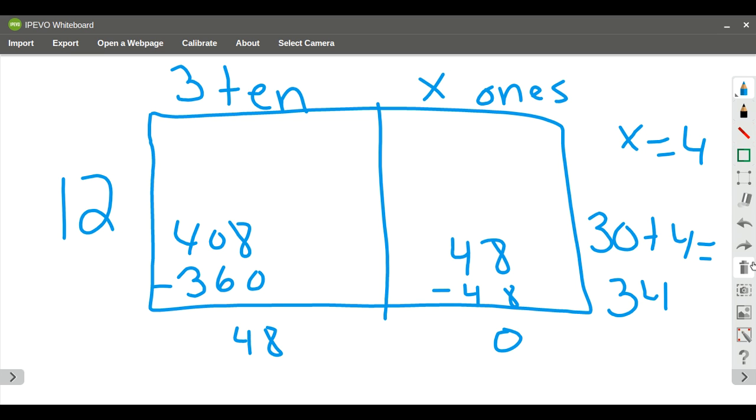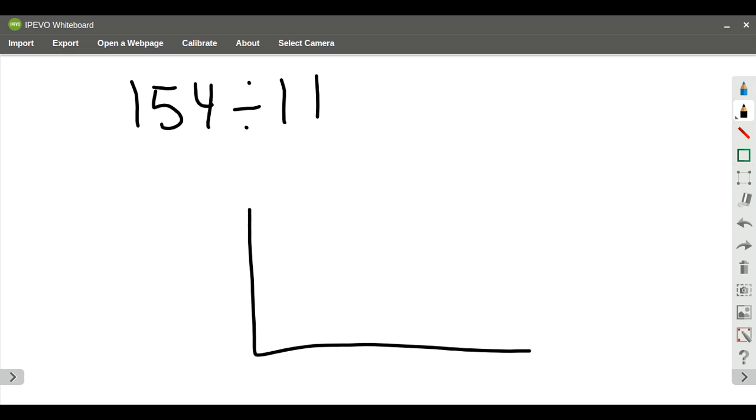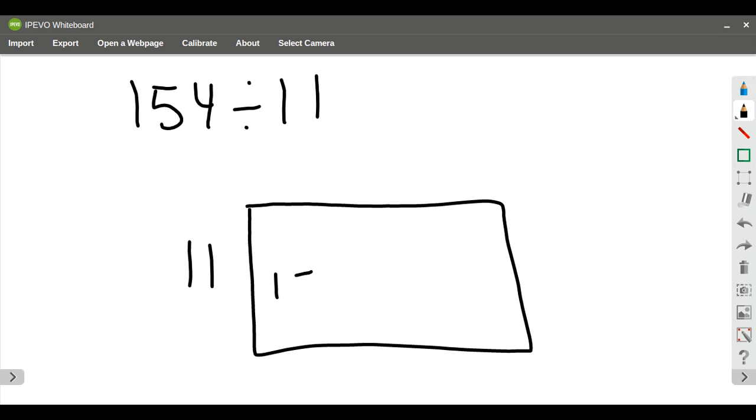Okay, let's move on to number 1 and find the missing numbers. My problem is 154 divided by 11. So I'm going to build my area model, and they've given me some information already. I have 11, and I start with 154 and I am subtracting 110.